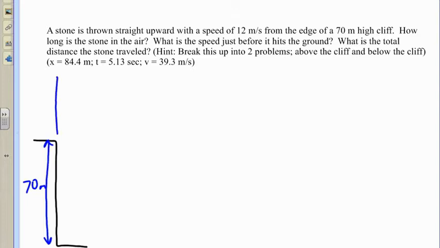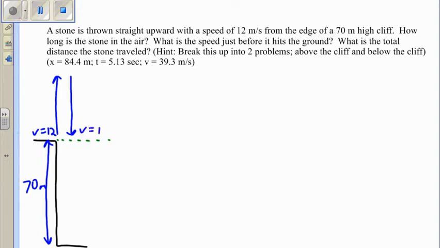And I know I throw it up at 12. Okay? And when it comes back down right here, I also know it's 12. Oops, not 0, 12. And I know at the top, the velocity is 0.